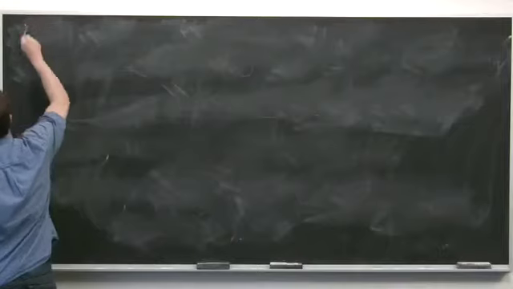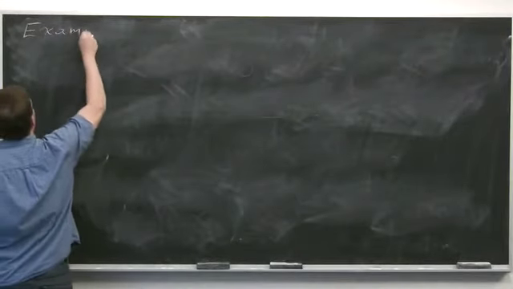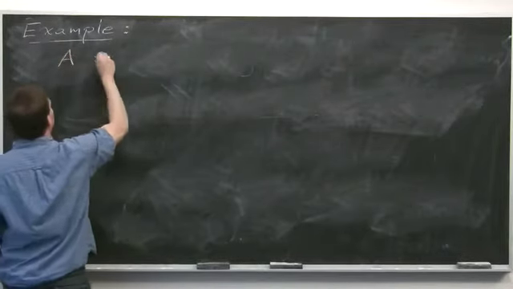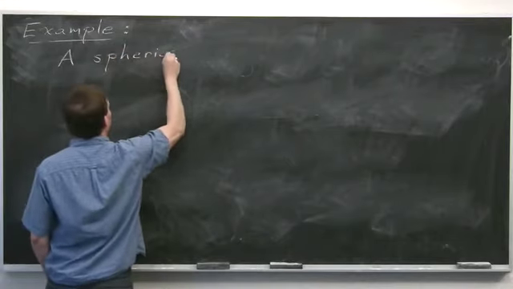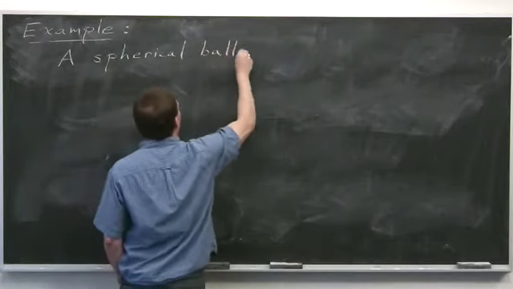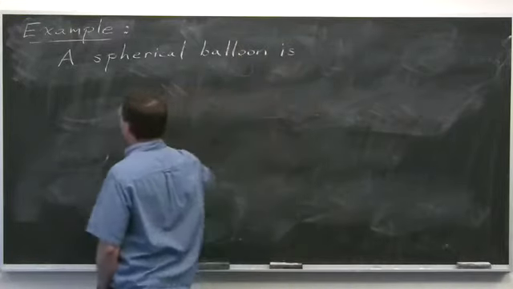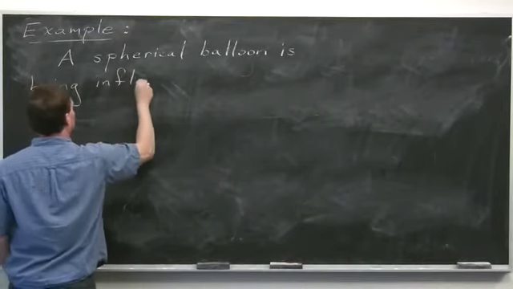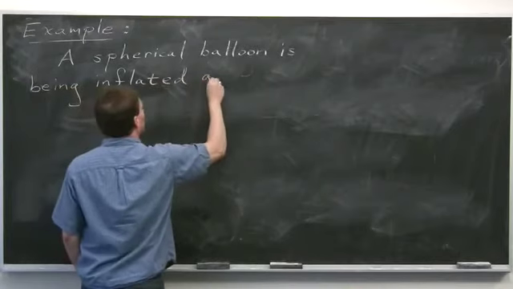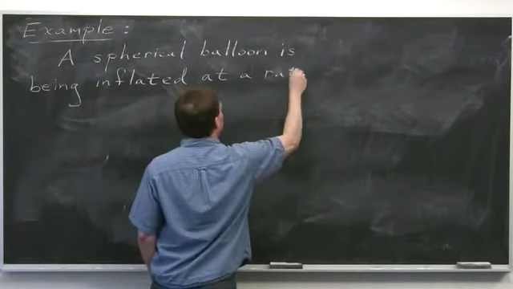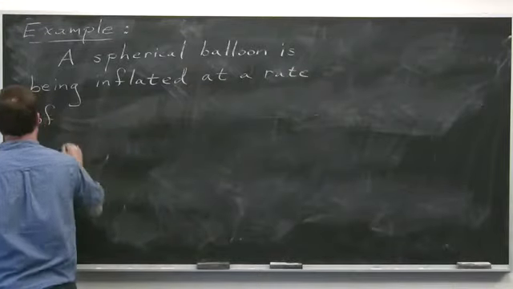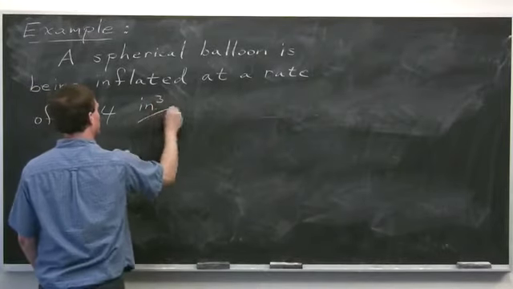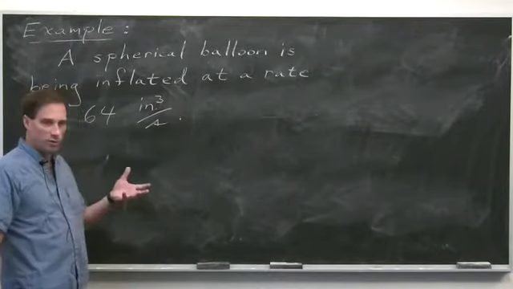So here's an example. Suppose a spherical balloon is being inflated at a rate of, let's say, 64 cubic inches per second. So at a constant rate of 64 cubic inches per second.